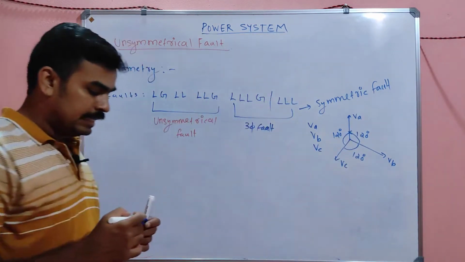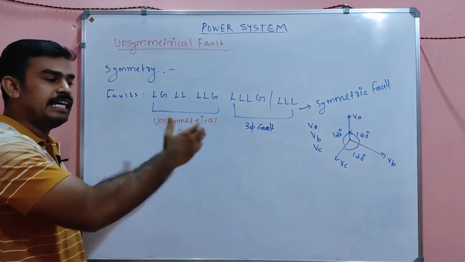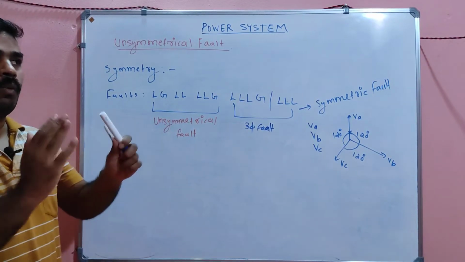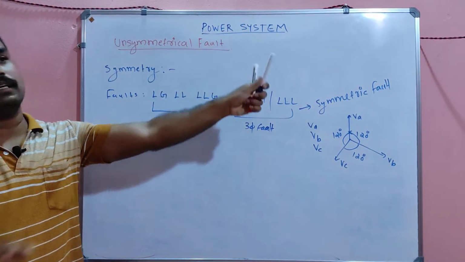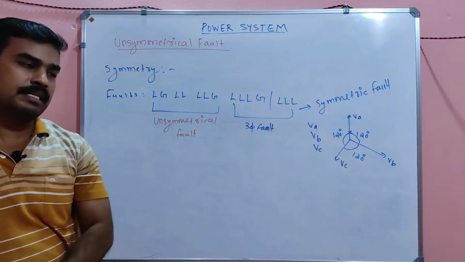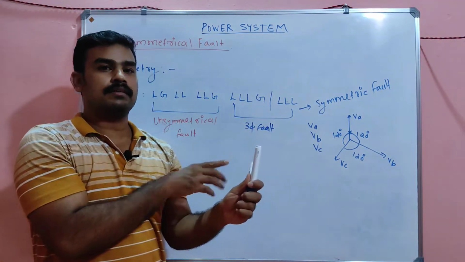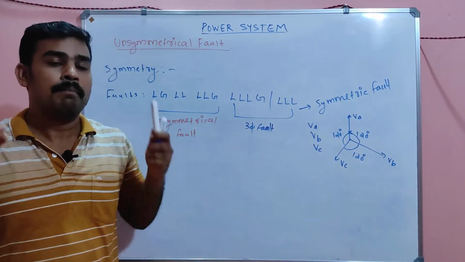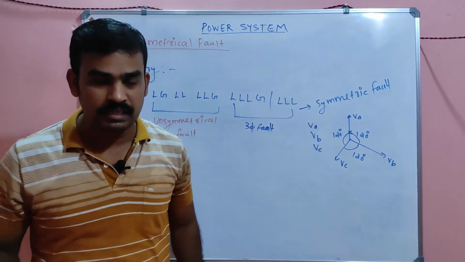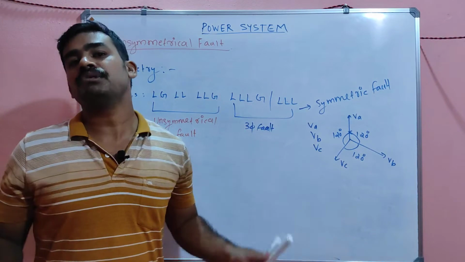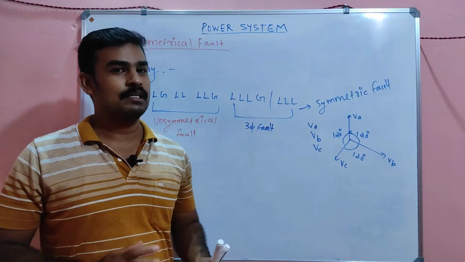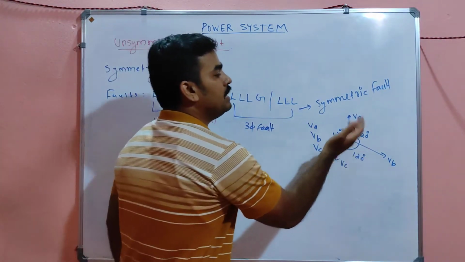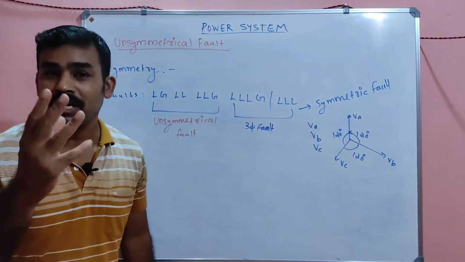That means these three voltages are in the same balanced condition before and after. Before the fault, we know that the three phases are balanced voltages. Balanced voltage vectors mean both the magnitude, not the instantaneous value, as well as the phase angle between these three vectors are 120 degrees from each other.